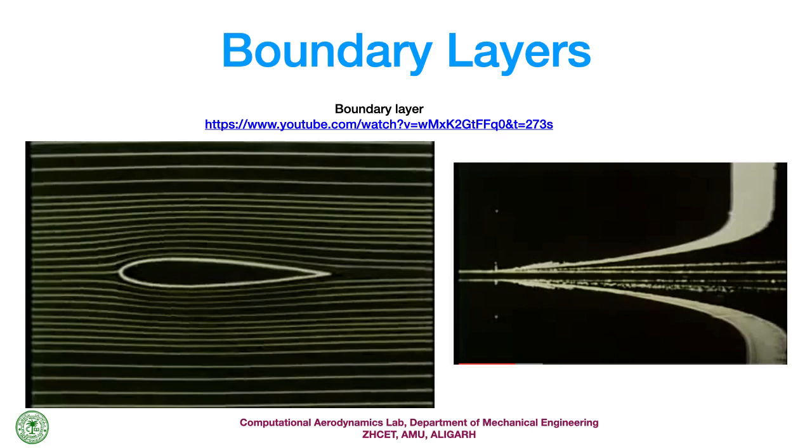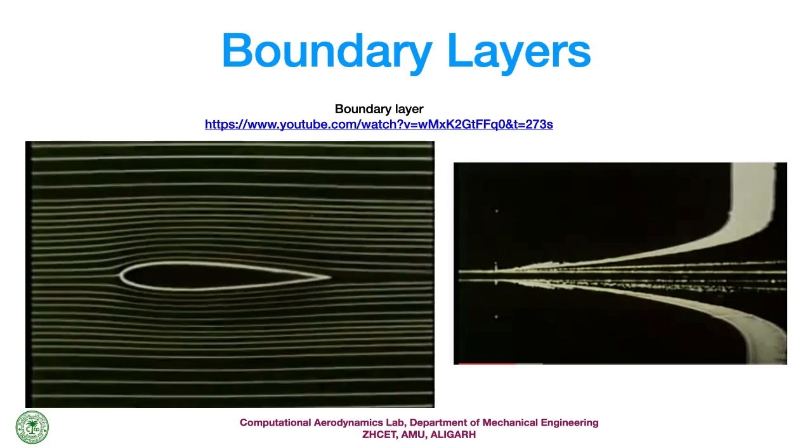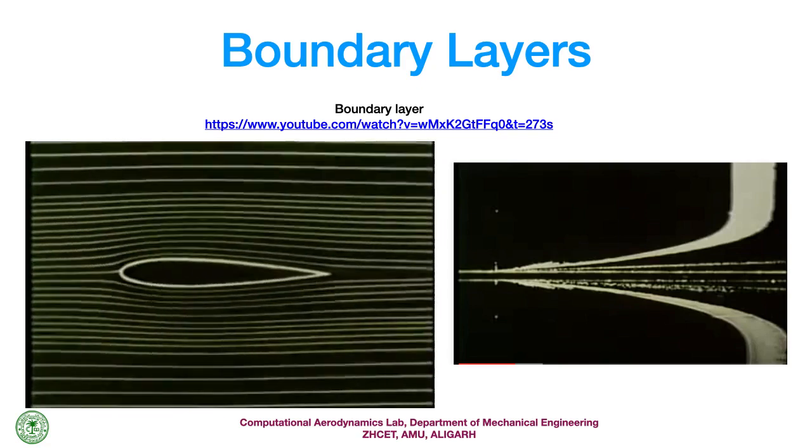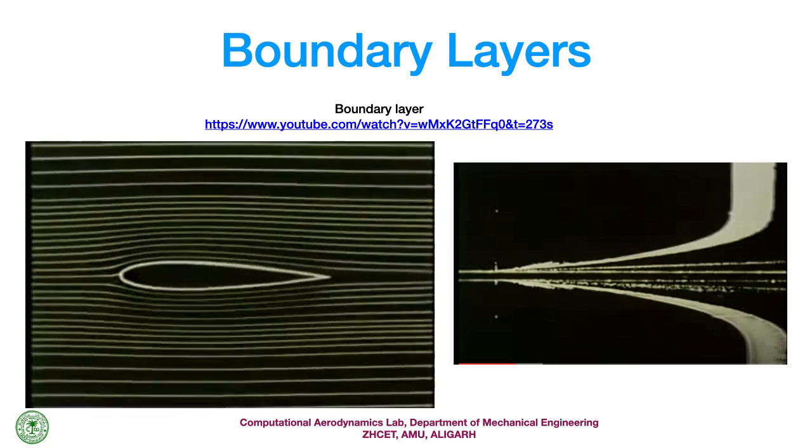But now we will see some close to the surface of the wing. The primary effect of viscosity is simply to create a drag force on the wing through the integrated effect of surface shear stress.